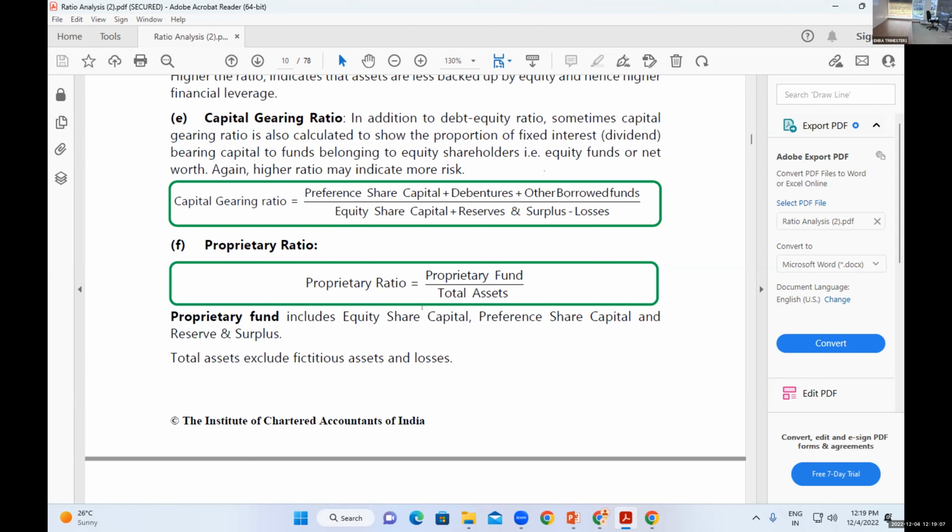So for 1 time of your net worth, your borrowings are a fifth. Total money is 6 lakhs. Out of 6, 5 is your own and 1 is from outside. No risk.